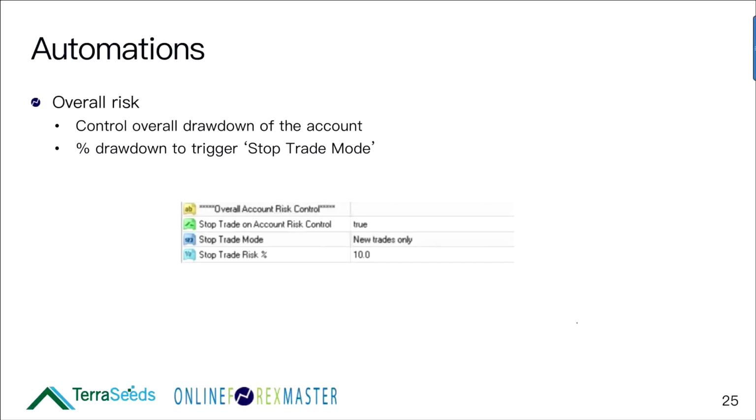Now next is the component called overall risk. All right. Now I'm not sure whether you realize this, but what do you do in manual trading if your overall risk exceeds what you intended to lose? Okay, because let's say, for example, we can calculate every time 1% risk each time, right?